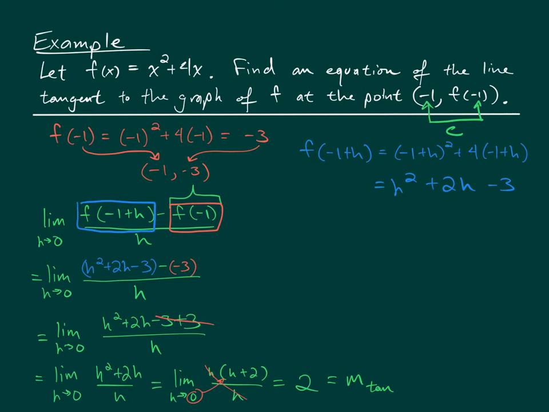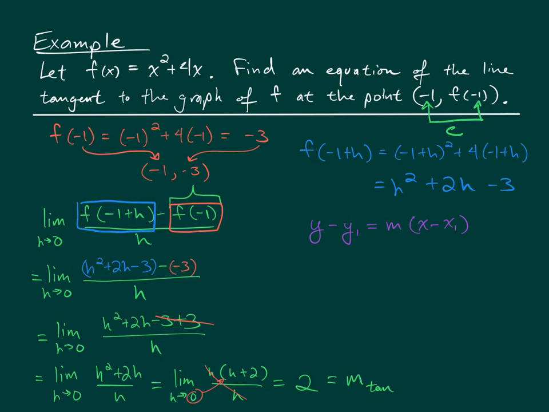And I like to use the point slope form, which is y minus y1 equals m x minus x1. And that's because I have a point and I have a slope, so I can just substitute some numbers in here, and that is the equation of the line.